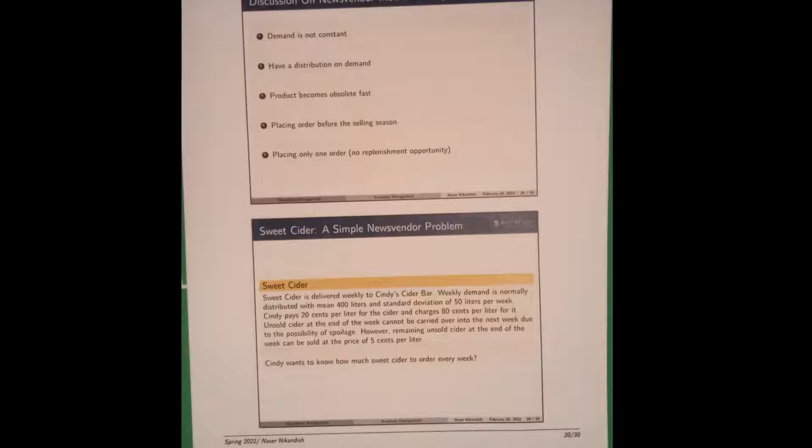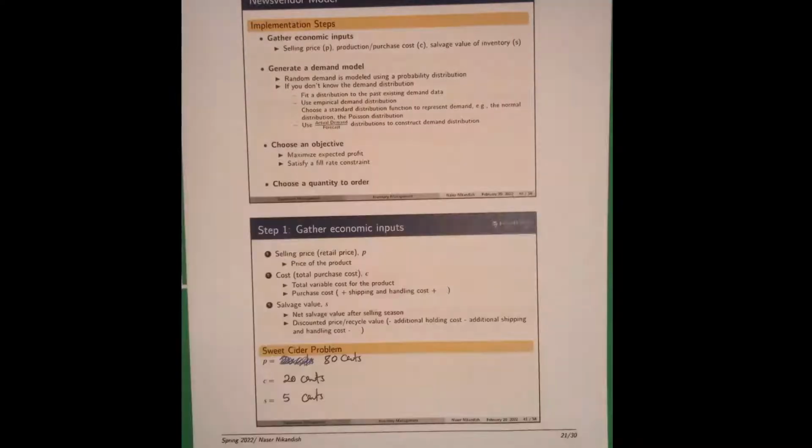Meaning if you don't sell the product, any leftover product is going to be sold at 5 cents. Of course, that salvage value, 5 cents, is below the price that you have paid for the product. Now, the question is, how much inventory should I have at the beginning of the selling season?